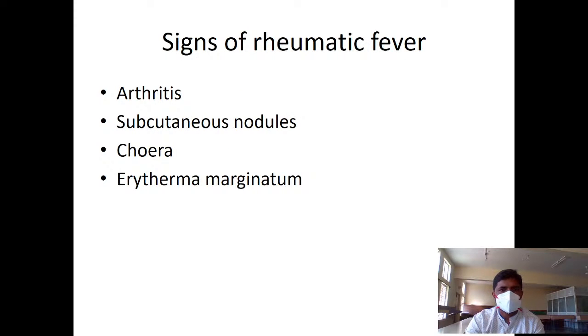The signs of acute rheumatic fever are arthritis, subcutaneous nodules, chorea, erythema marginatum. But one thing: only in the above 5 years age group should you look for or mention signs of rheumatic fever. Here the child is a 6 month old, and saying there are no signs of acute rheumatic fever in this child is an absolute blunder.